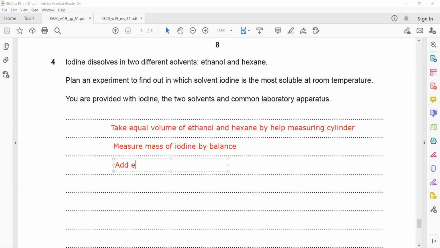Add an equal amount of iodine to both solvents.